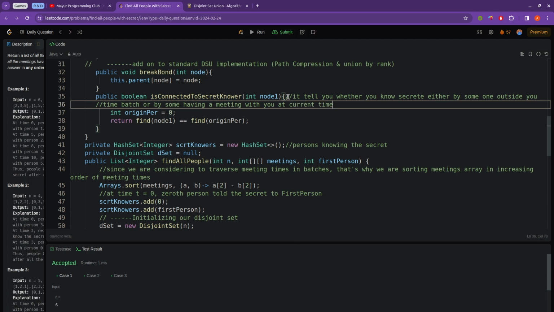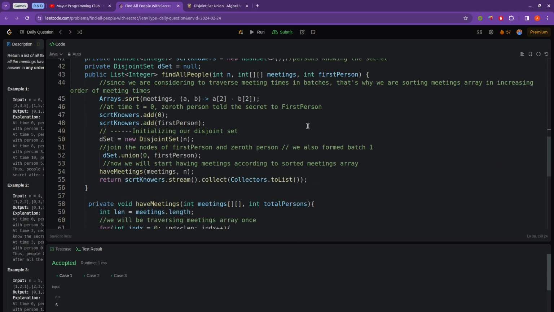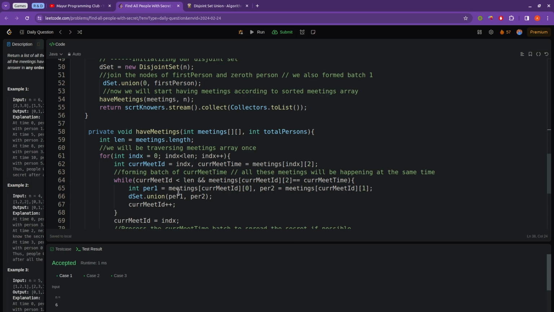So this thing will tell us whether we are knowing the secret by either of these two options.